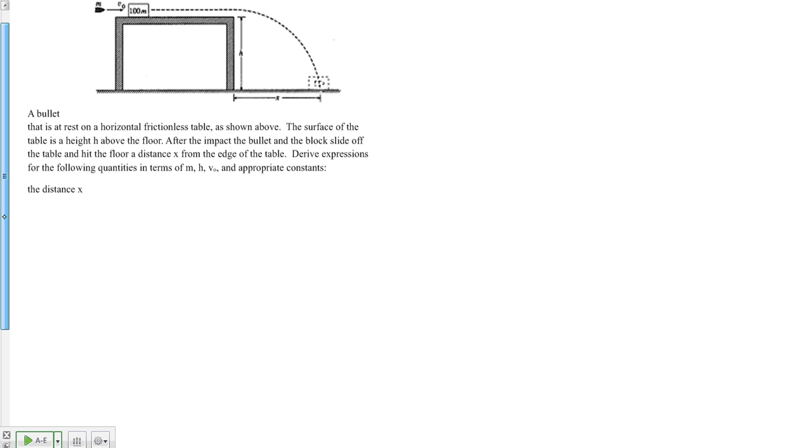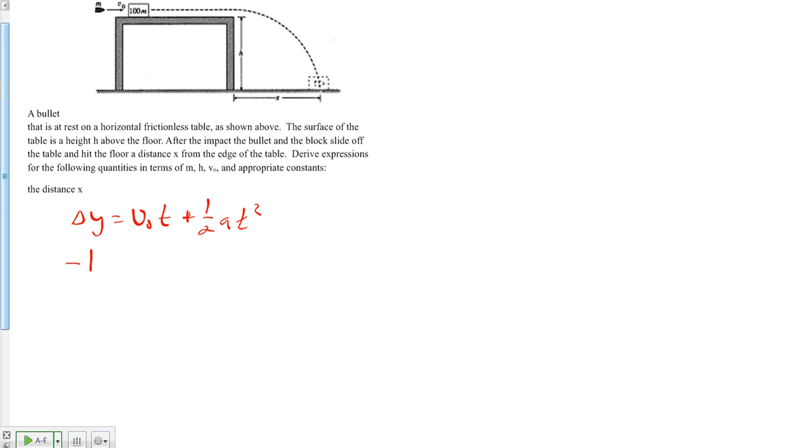So how far off of the table does it go? Hopefully at this point you've recognized projectile motion. What's the most important thing in projectile motion? Time. How do we solve for time? h. We use the y direction to solve for time. Change in y is v naught t plus 1/2 a t squared.